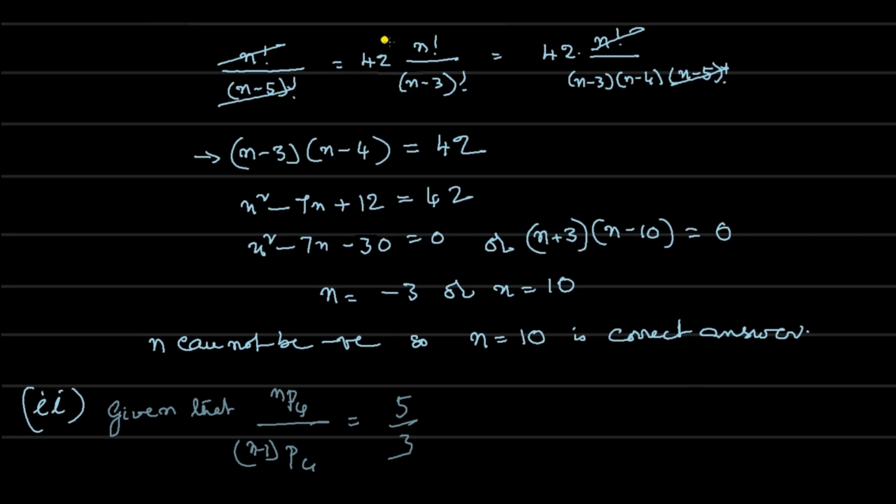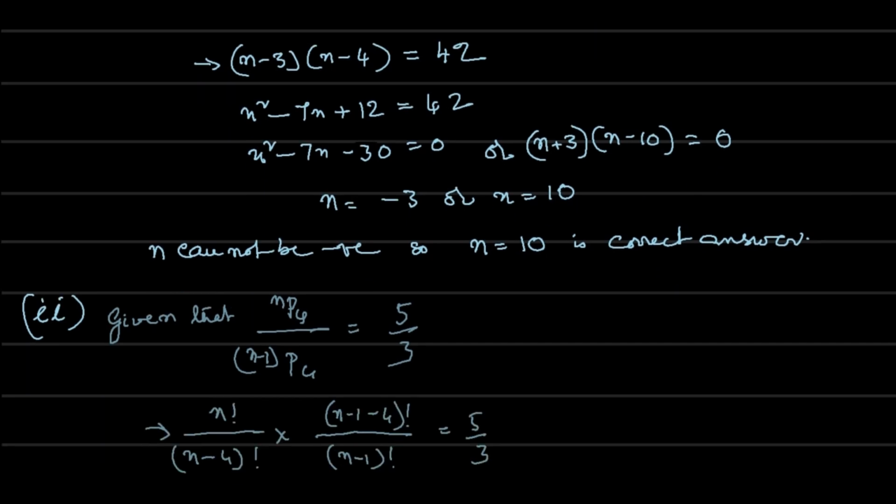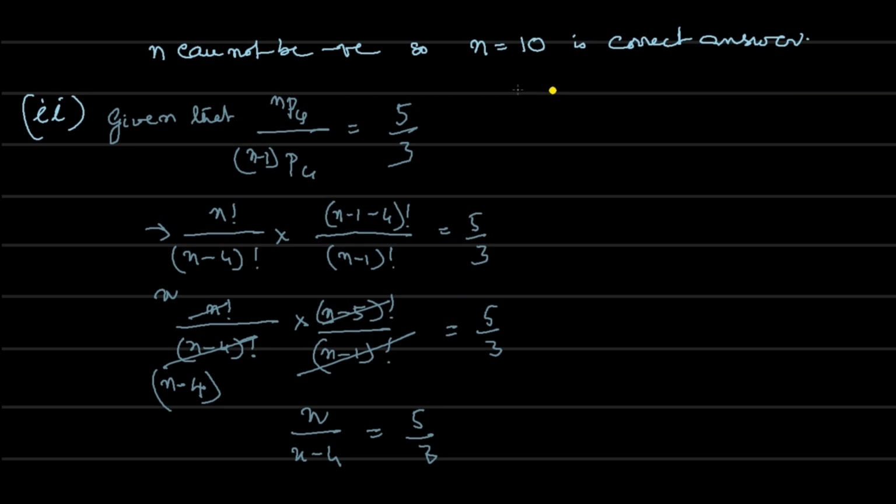See, factorial n and factorial n get cancelled, and factorial n minus 5 is cancelled with the other. So take into account only the remaining terms, and you will get n minus 3 times n minus 4 is 42, a quadratic equation. You will get n is minus 3 or 10. Minus 3: in permutations and combinations, we don't use negative numbers. So we take n equal to 10 as the correct answer.